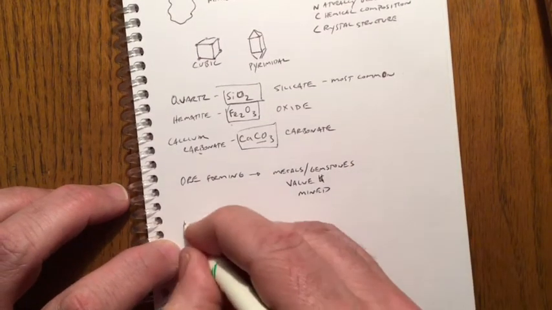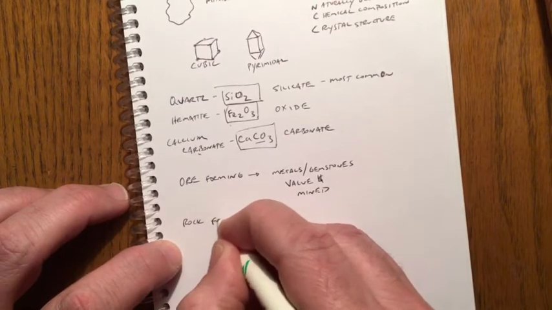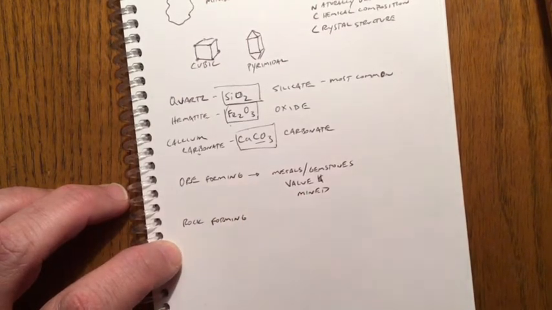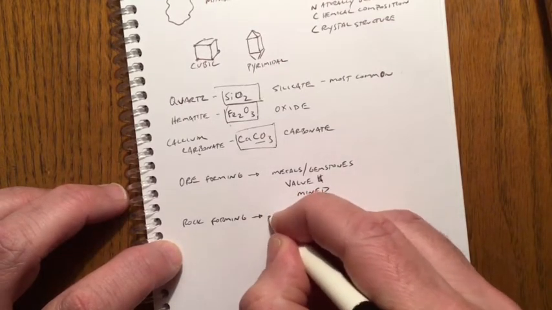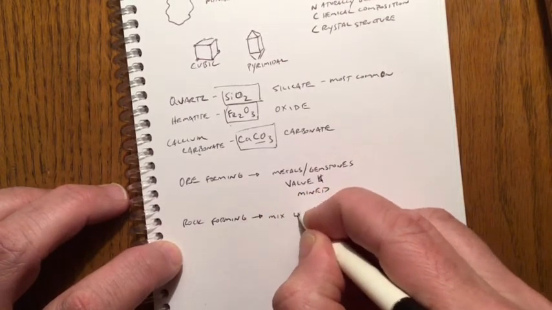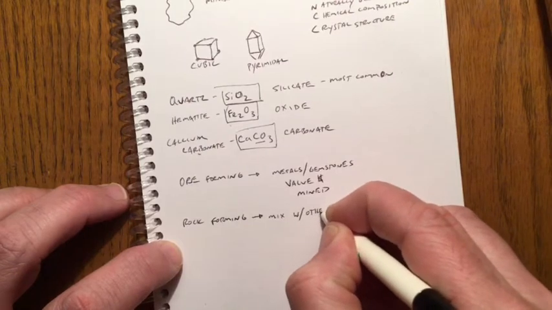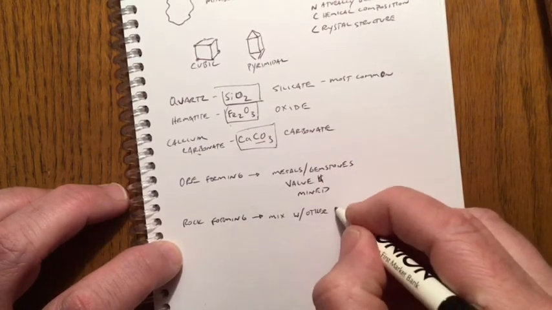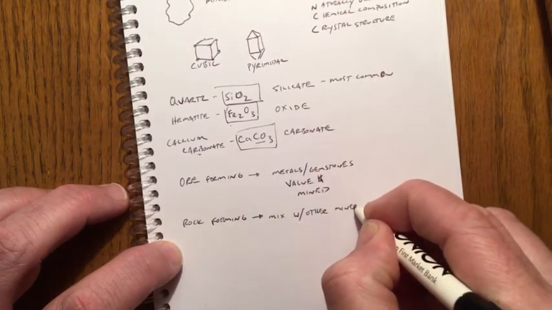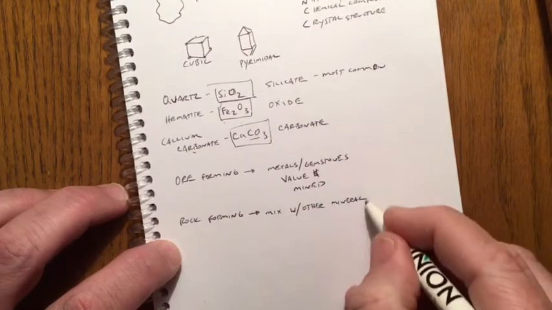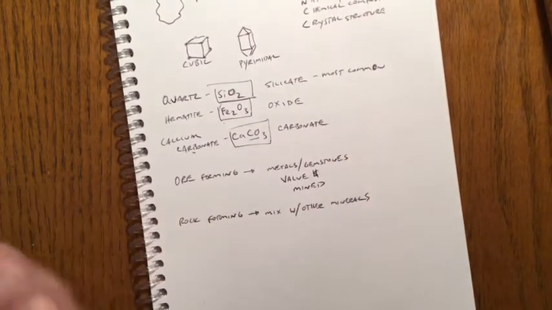Other minerals are rock-forming. Rock-forming minerals tend to mix with other minerals, and they're probably a little less valuable, although they will have some monetary value.